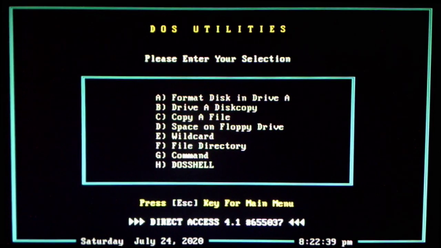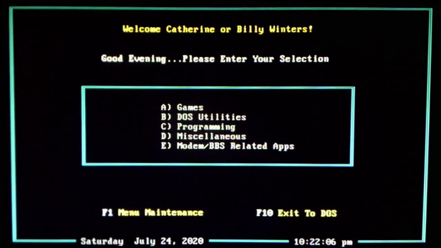We can very quickly address issues with the program. I'm half asleep. And so let's try 22. There we go. So now it is 10:22 p.m.